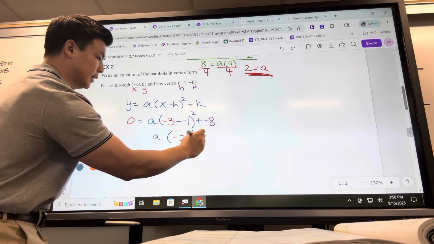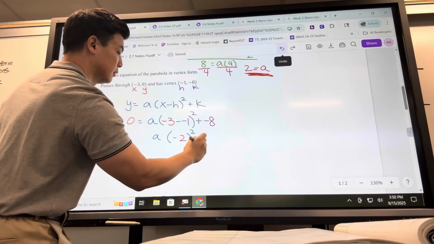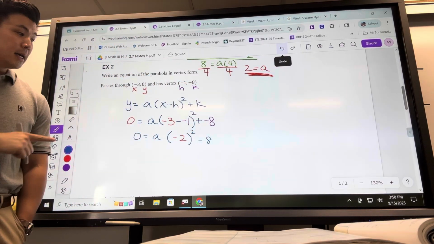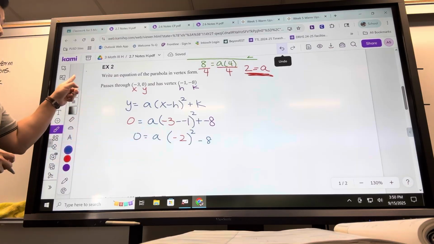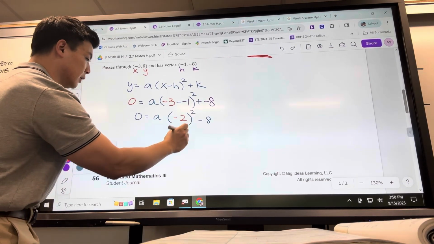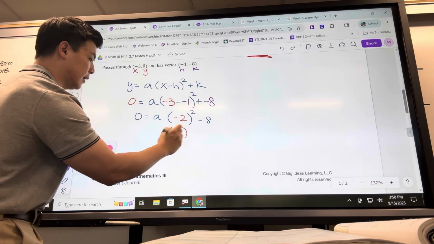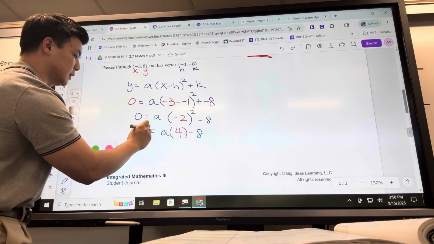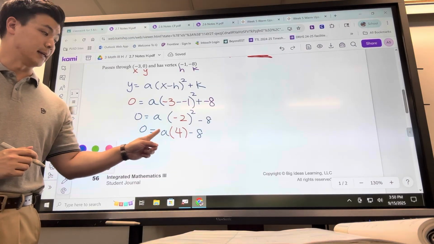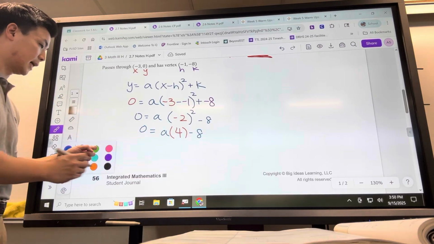I'm just gonna bring down the rest of this equation. If I square this -2, that's gonna give me a positive 4. So here I have 4, I still have this a, minus 8 equals 0. Again, don't subtract this 4, these two things are being multiplied together, so we're adding 8 on both sides.